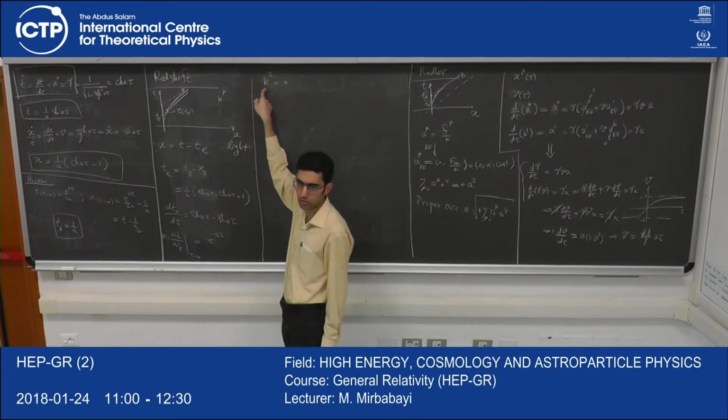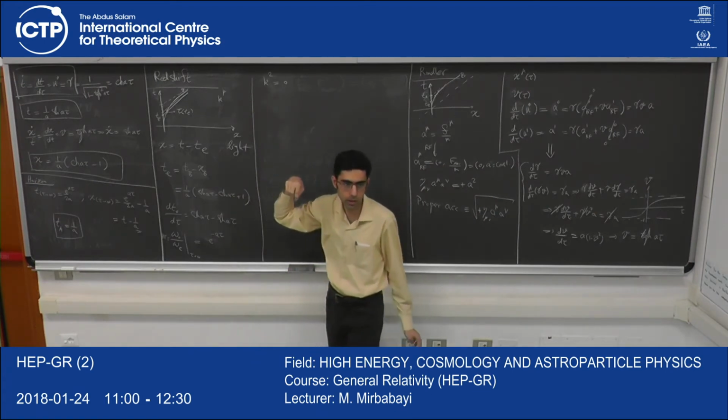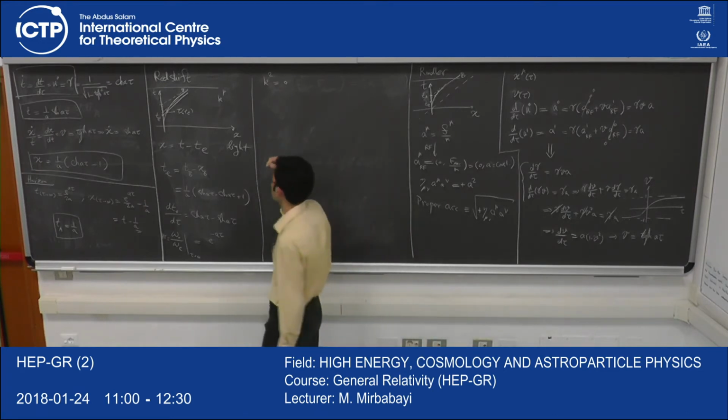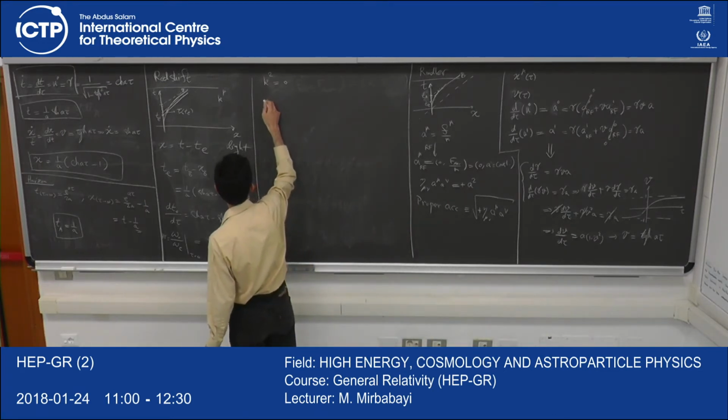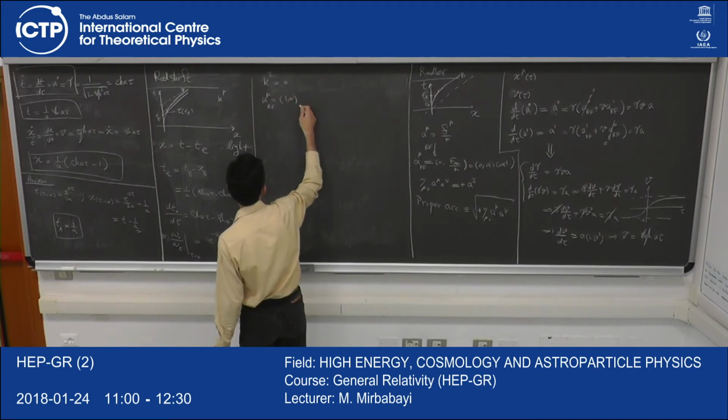That is basically looking at the zeroth component of this k^μ, but in the rest frame of the observer. In the rest frame, we know that the 4-velocity is equal to (1, 0).